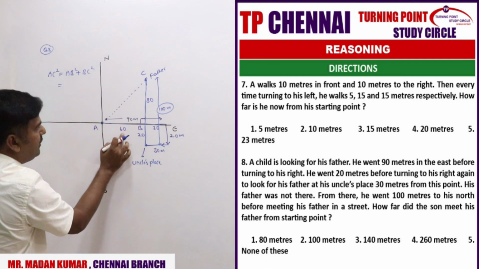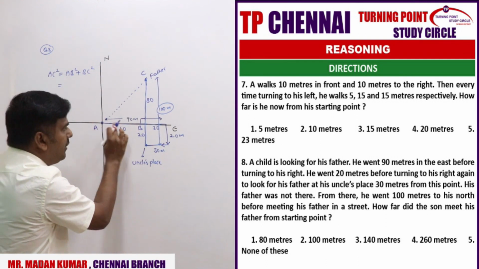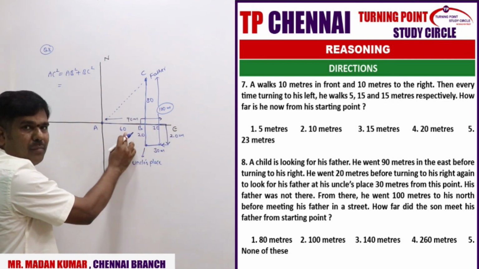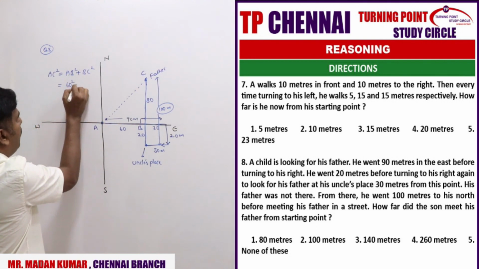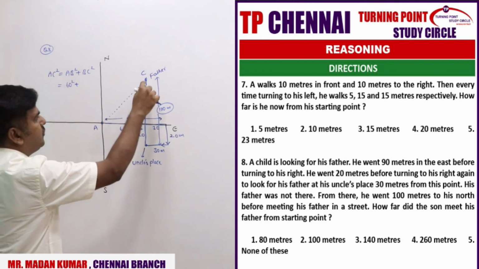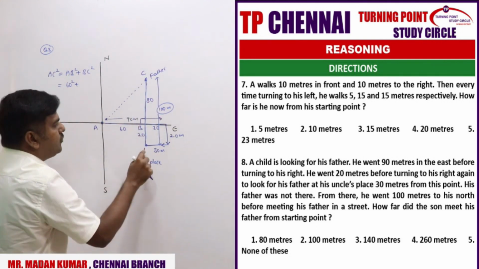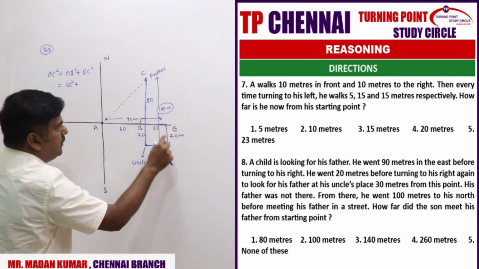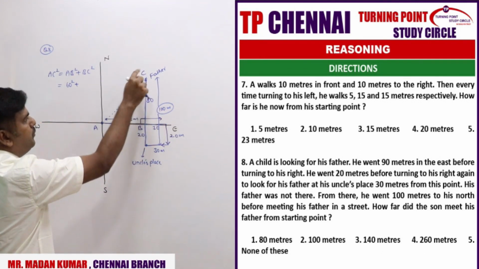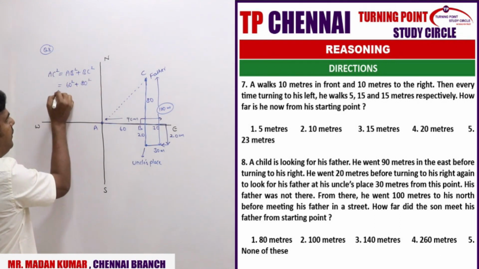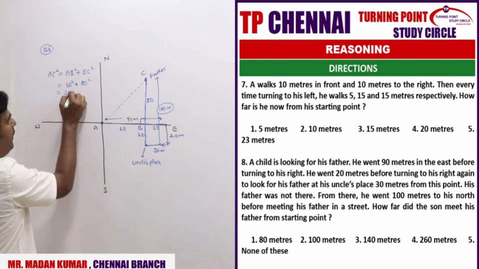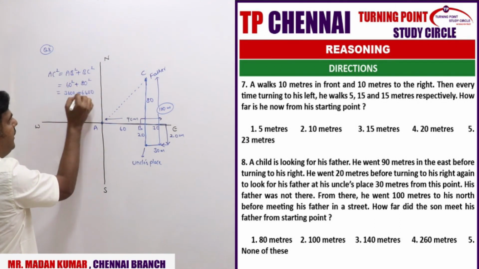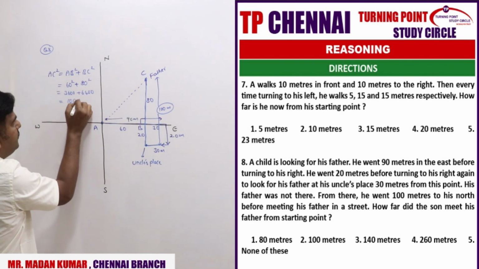How much is AB square? This one is 60 square, 90 minus 30, 60. What is BC square? 80. So this total is 100, 100 minus 20, this will be 80. This is BC square, 80 square. So 3600 plus 6400, total? 10,000.